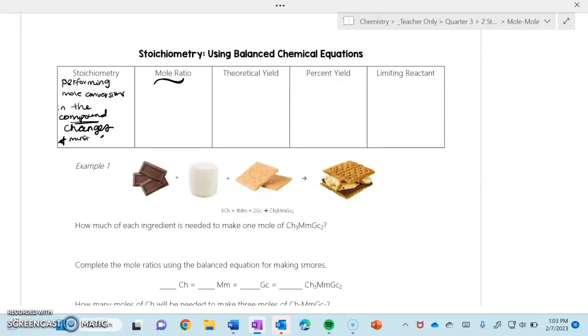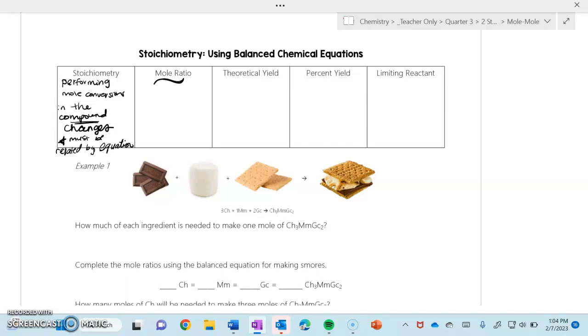So those compounds must be related by an equation. And that's where the mole ratio comes in.